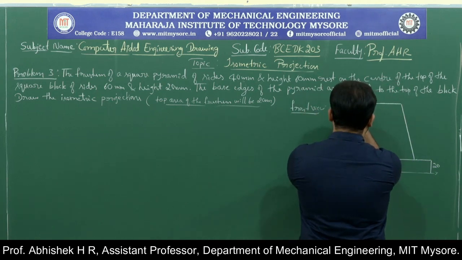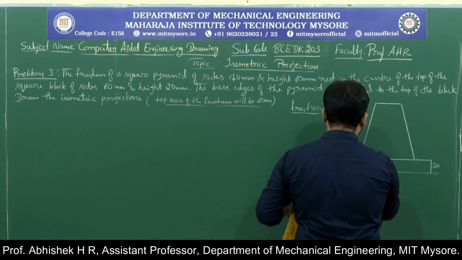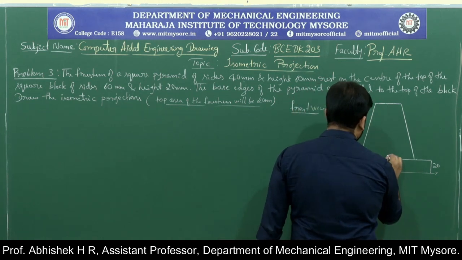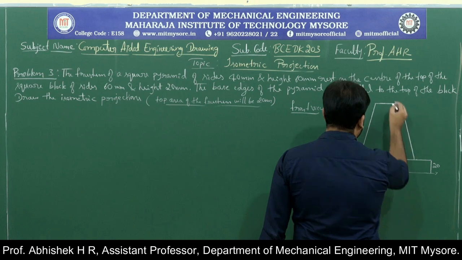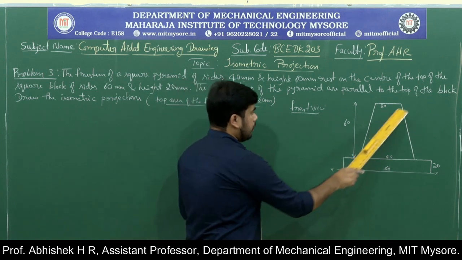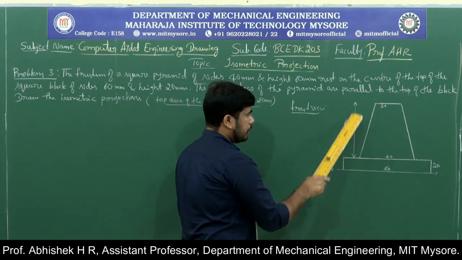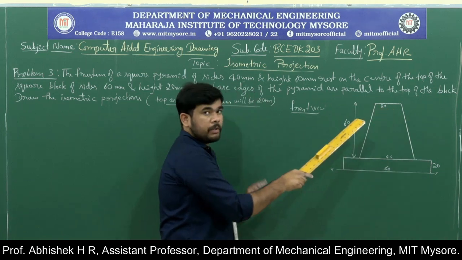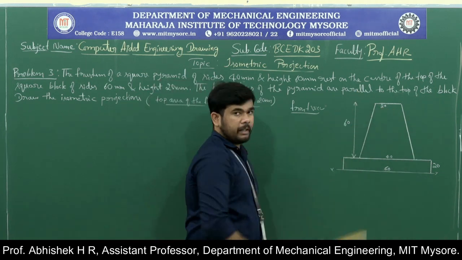So the height is 60, the base side is 40, and the top side of the frustum of the square pyramid is 20.